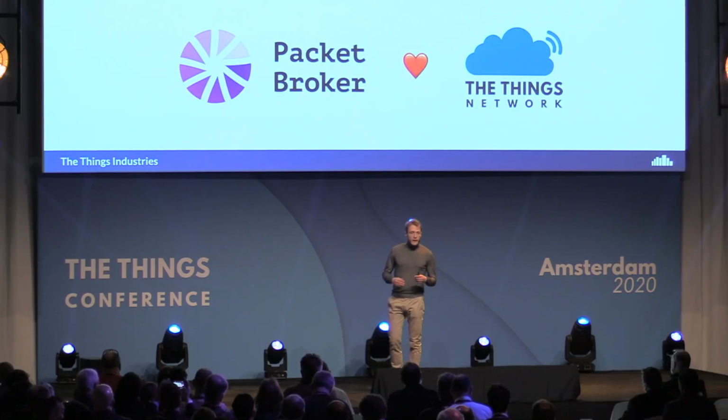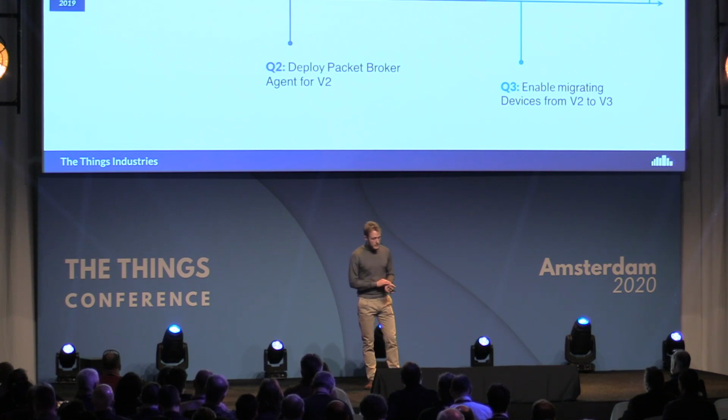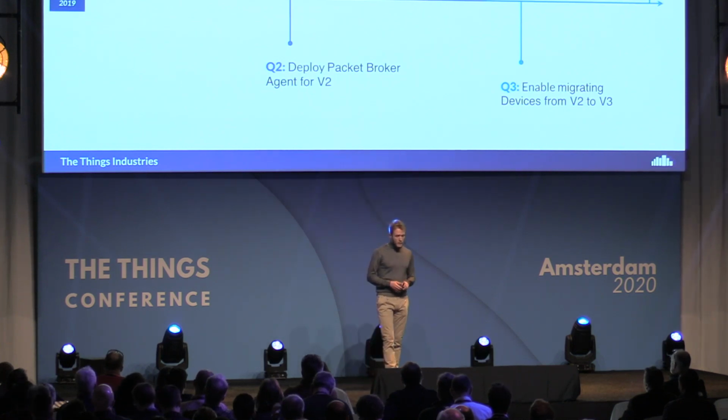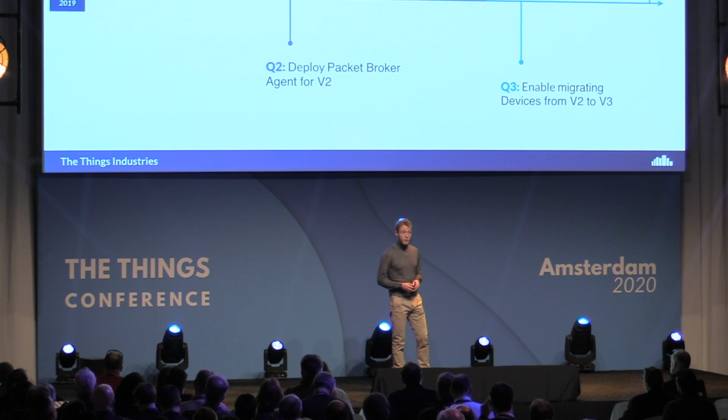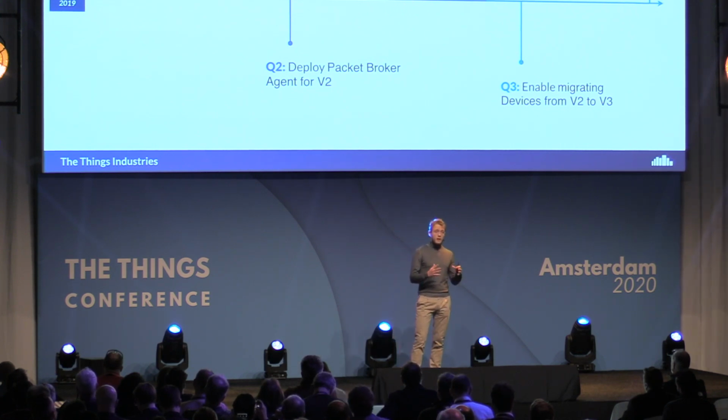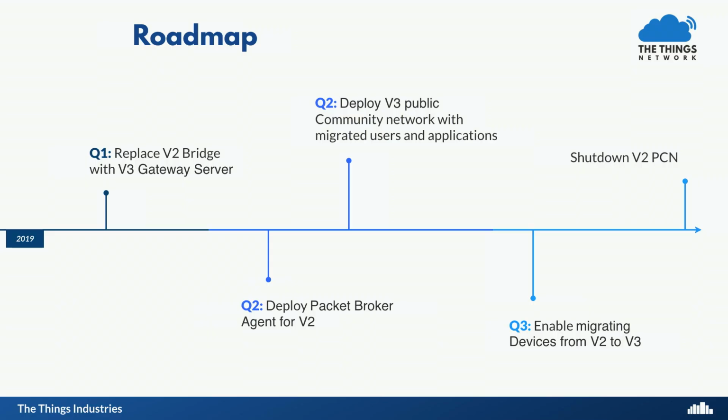So we're going to work with the operators that operate other public regions to start upgrading their infrastructure as well to v3. But then still the devices are in v2, and you still have the v2 console and everything. So what we're going to do there is start deploying a v3 public community network, and it's going to run side by side with v2.